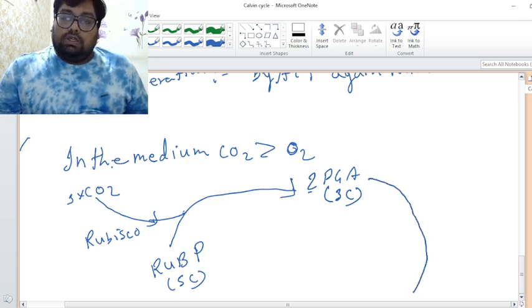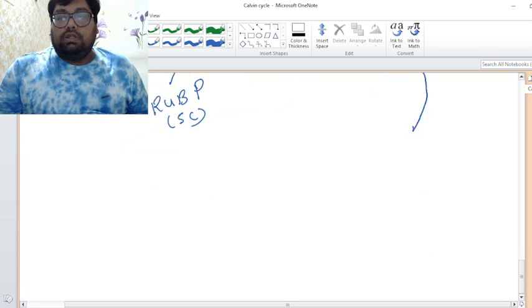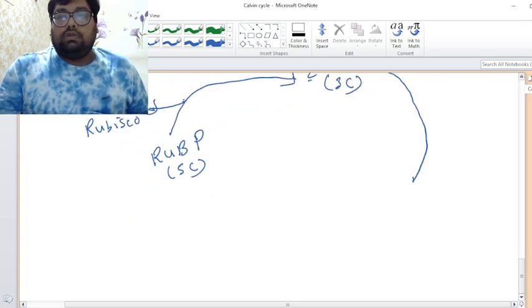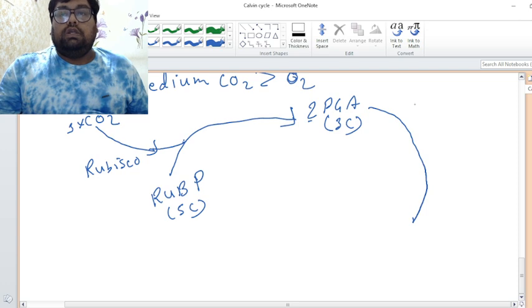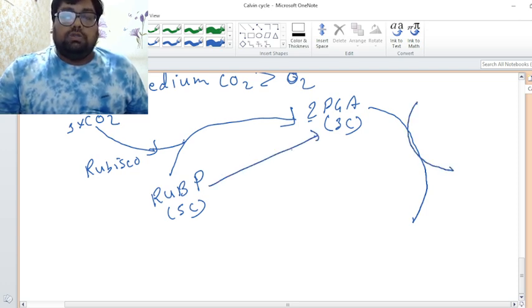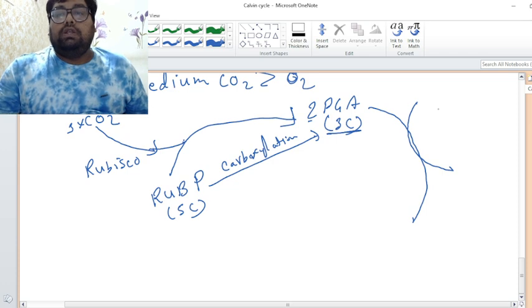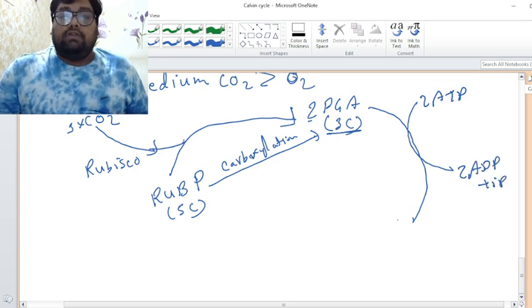Now the reduction occurs. This is the carboxylation process, which is carbon fixation, and due to the carboxylation there is a first stable product that is a 3 carbon compound. After that there is a reduction using 2 ATP, which become ADP plus inorganic phosphate.